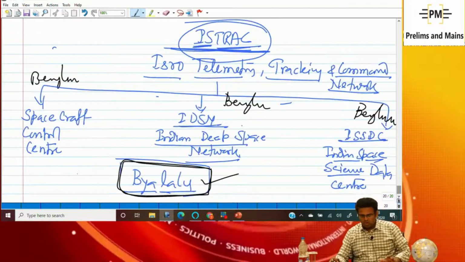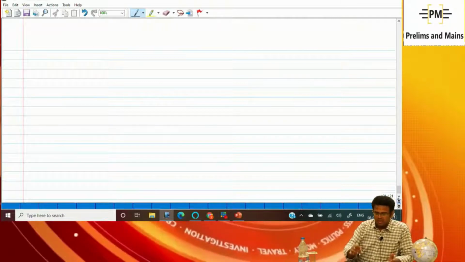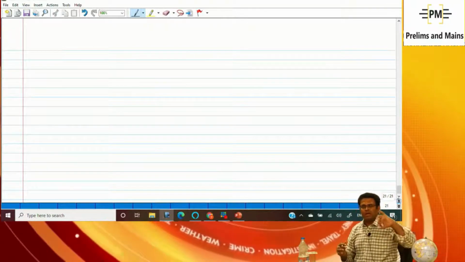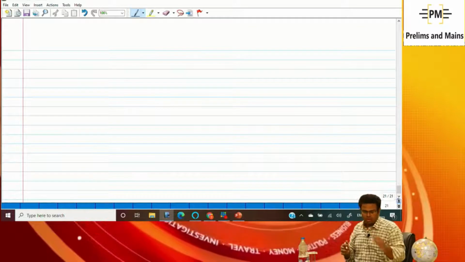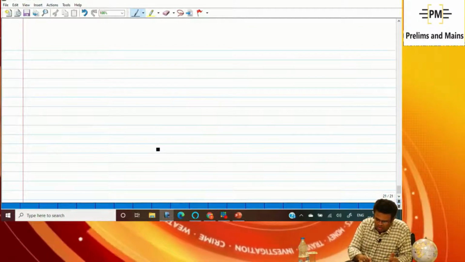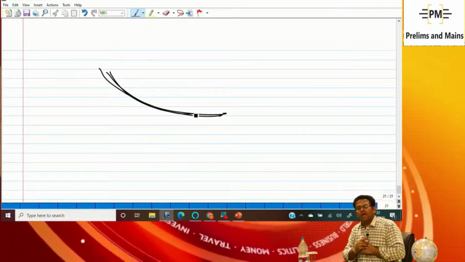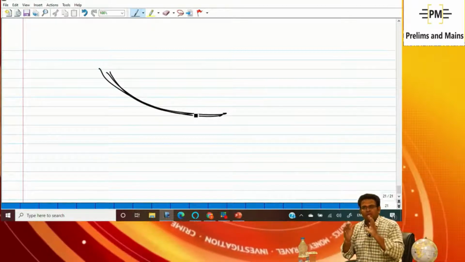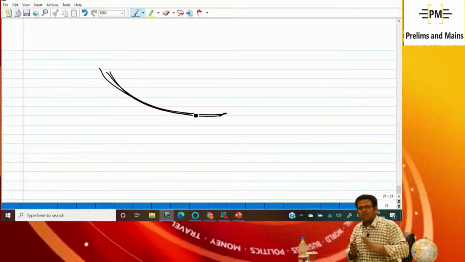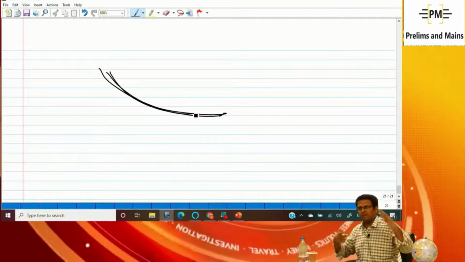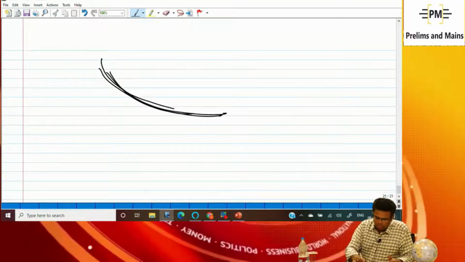Clear? Now I am going towards the Indian Deep Space Network. Just bifurcate this word: Indian Deep Space Network. In Byalalu there is a big 32-meter antenna. A 4-story building height is about 15 to 16 meters, so 32 meters is like an 8-story building height, and it is a 32-meter wide antenna.